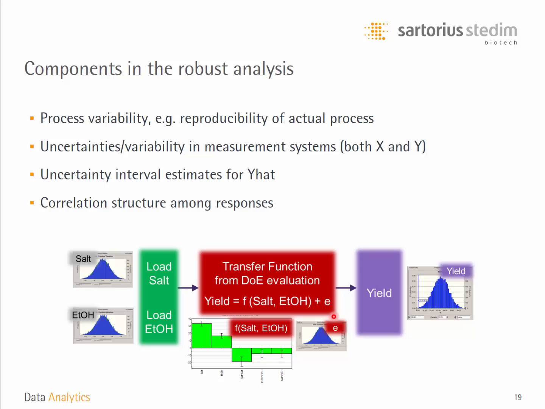And using these uncertainties, we are not only providing a predicted value for the yield, we are even providing a distribution of predicted values, and that distribution can then be compared with the specifications for the responses in question.